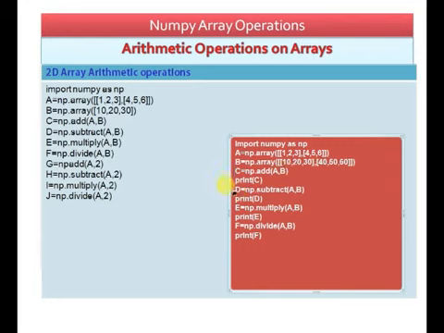Next line is about D is equal to np dot subtract a comma b. So from the array A, B is going to be subtracted, but with the concept of same index elements being subtracted. So 1 minus 10, minus 9. 2 minus 20, minus 18, 3 minus 30, minus 27.